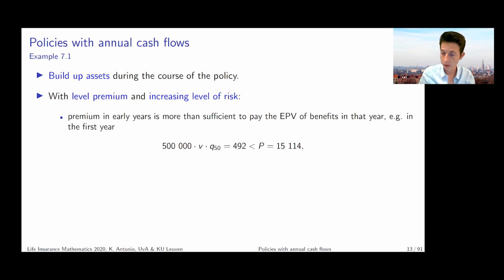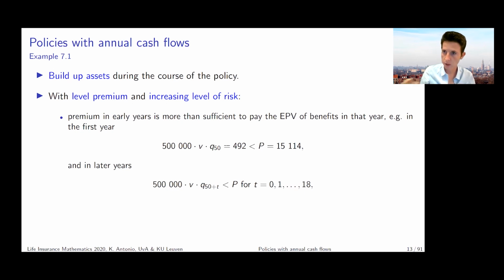So here you see that I'm creating a surplus because I let my policyholder pay more premium than the benefit is worth in this first year of the contract. So I'm building up an asset which will grow towards my policy value at any point in time t.